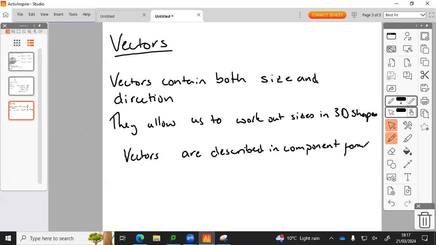Okay, so we'll have the terminology AB equals the component form X, Y. That's your vector form.